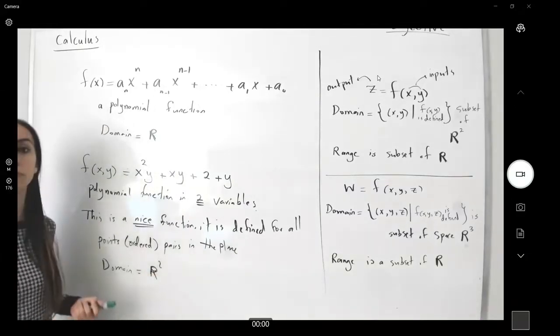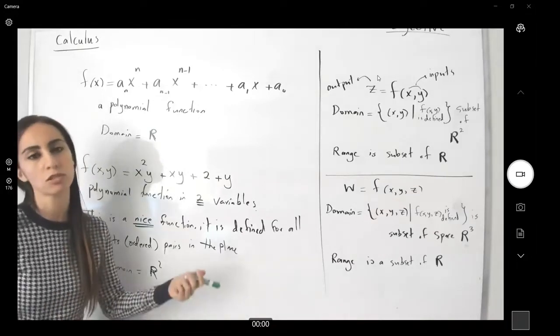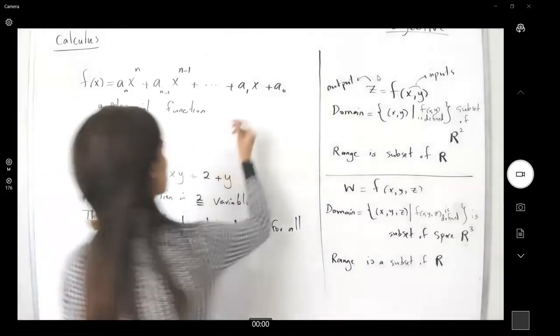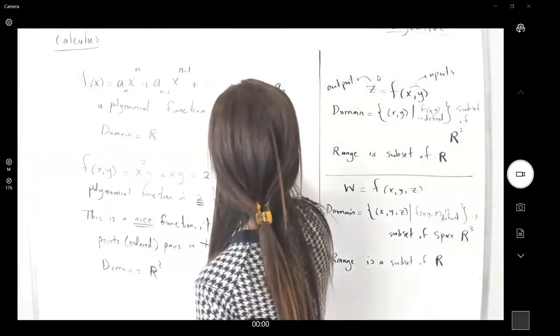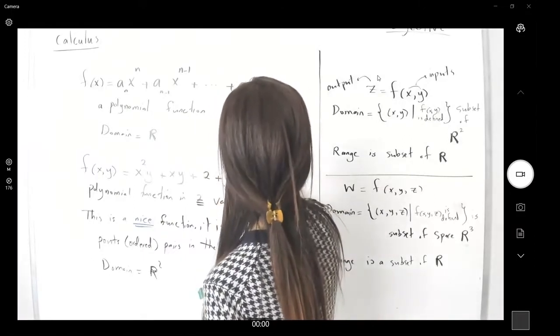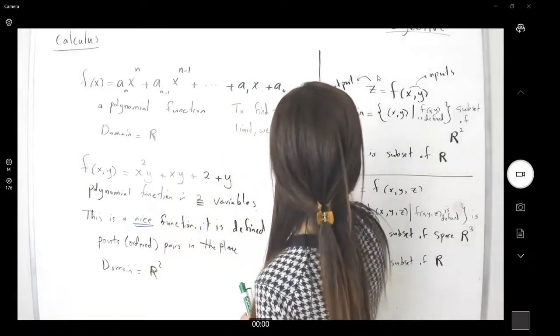So when it comes to the limit of these types of functions, how do we find the limit? Just substitute the value to find the limit. We substitute the value.